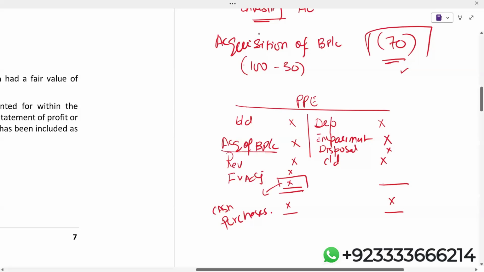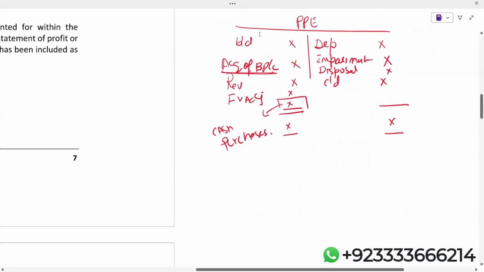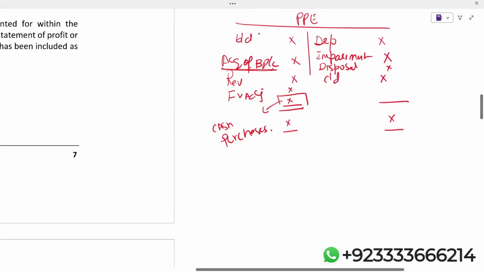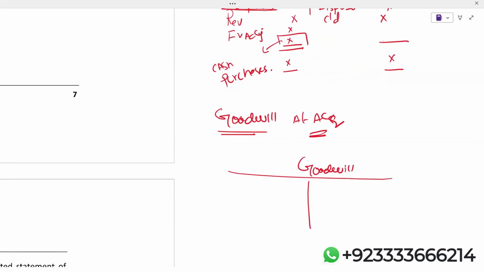Another point: whenever we acquire a subsidiary, normally, and I'm just giving you a standard past paper practice, we will be calculating goodwill, because I've acquired a subsidiary. So whatever goodwill comes at acquisition, if I make a T account of goodwill, I'll get BD from the consolidated SOFP, and CD from the consolidated SOFP.